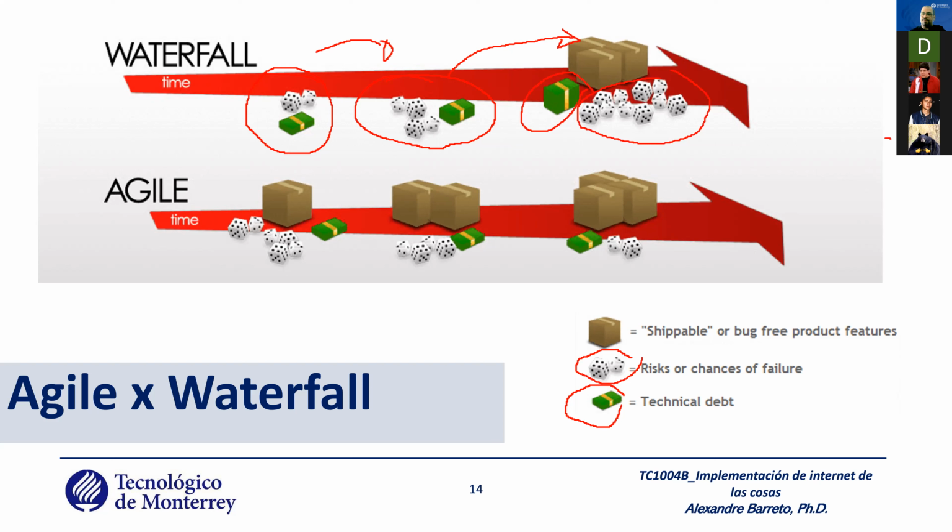Why is there so much risk? Because you don't have any feedback, or you have few feedbacks, about what you did and what the customer thinks about it. In Agile, no. In Agile, you have a lot of uncertainty in the beginning, but from the beginning you have the product and you have technical debt.